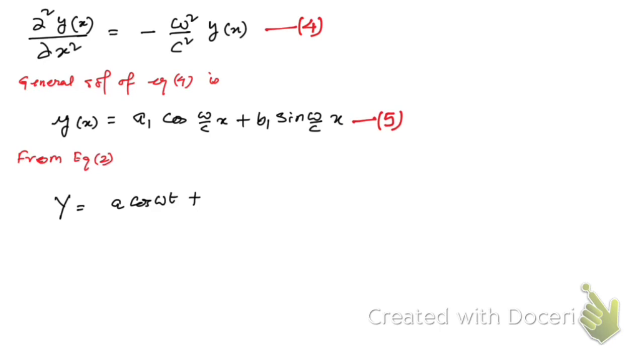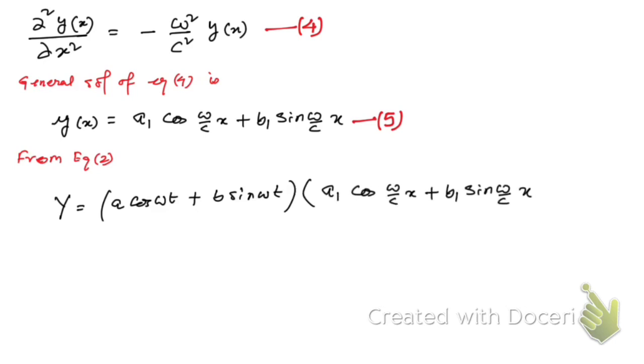Okay, b sin omega t into, then instead of y of x we're going to put this, this is small y of t, this is small y of x. That's it, right? Hope you have understood this.